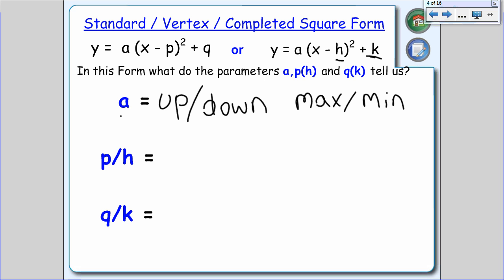What does our p value tell us? Somebody else, Ty. Yeah, the p value tells you it shifts left or right. It also tells you something else. What did we just learn? It tells you the x value of the vertex.